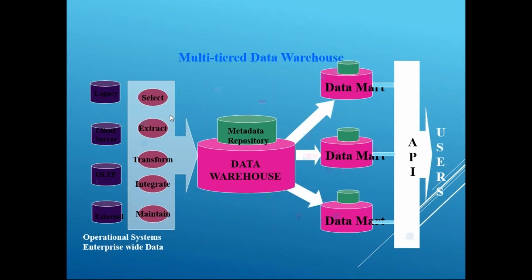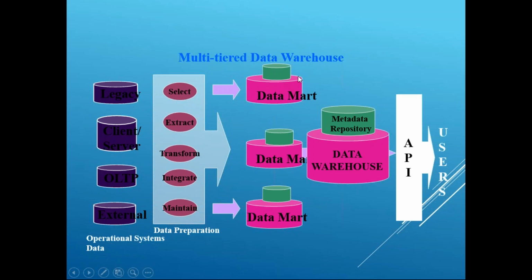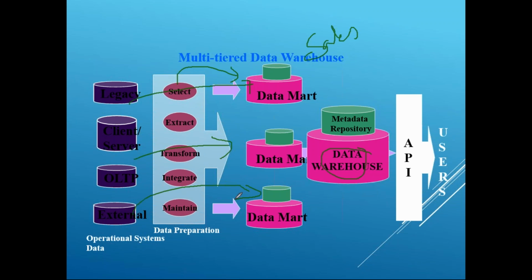And the other one is also a data mart concept, but here instead of loading the data into the data warehouse, we first load it into the data marts. So you create the data marts at different levels. For example, if you're creating a sales data mart, you first load the data into the sales data mart. After that, you load the data into the finance data mart, and after that into the marketing data mart.